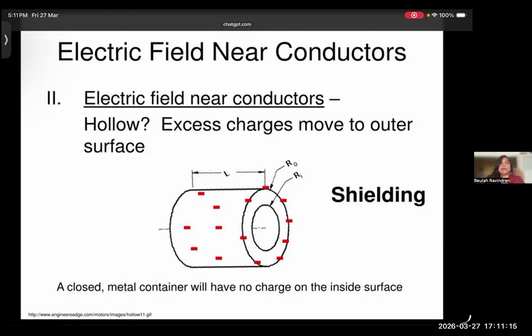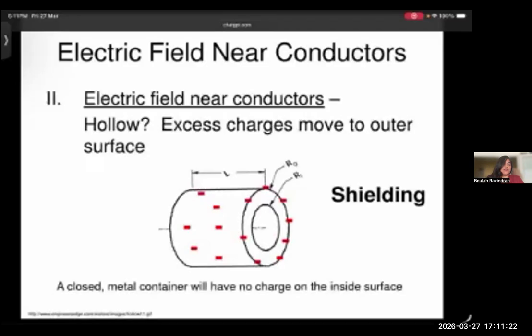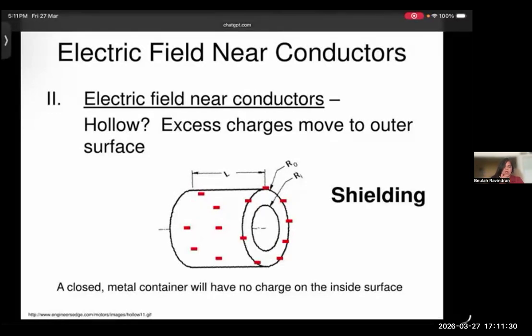So right now we are going to see electrostatic shielding. What is electrostatic shielding? Electric field near conductors, right? If it is hollow, excess charges move to the outer surface, we know. What is the shielding? A closed metal container will have no charge on the inside surface, we saw.